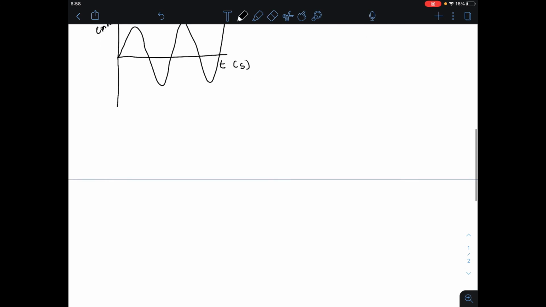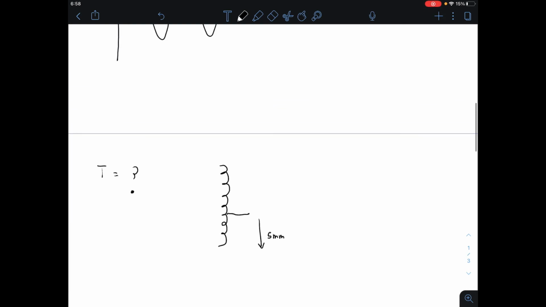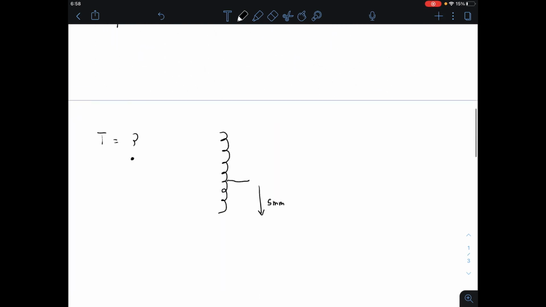Calculate the period of the oscillation. So now we want to find the period of the oscillation. Let's draw out what we know so far. We know that the spring has been extended by a further 5 millimeters from the place where it sits with the weight, which is 0.041 meters, and it oscillates up and down about this point.